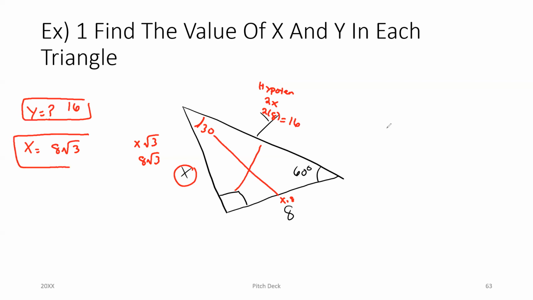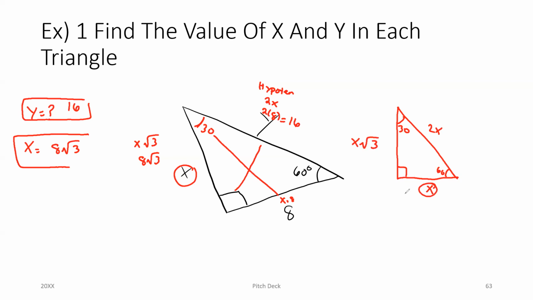Maybe here, I don't know if this will help, but if you go back to the rules, there's 30, 60, 90. So this is 2x. 30 has a length of x, and 60 has a length of x radical 3. Okay.